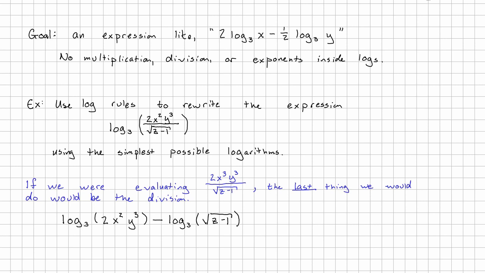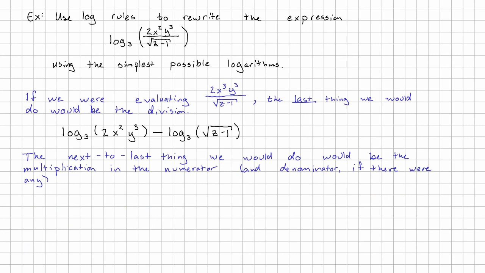Okay, now if we were evaluating this expression, the next to last thing we would do would be the multiplication. In this example, there's only multiplication in the numerator, but if there were multiplication in the denominator, we would deal with that as well. So we split up this multiplication here.